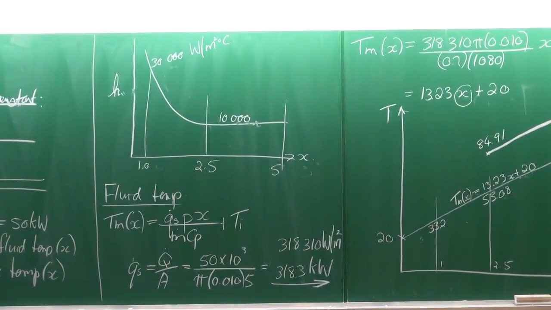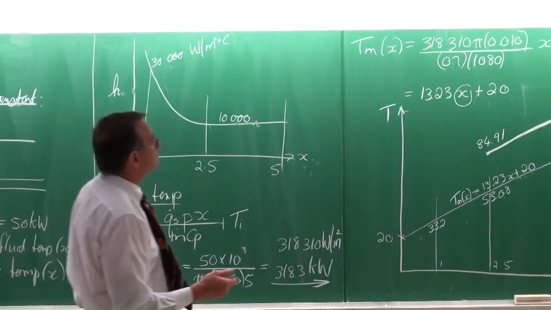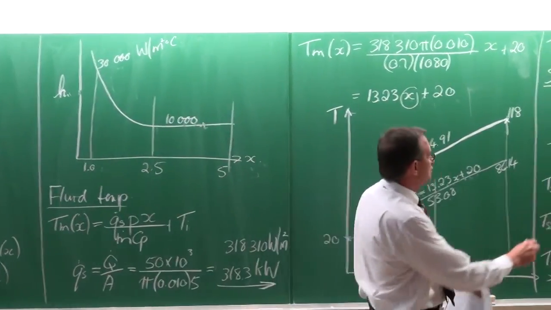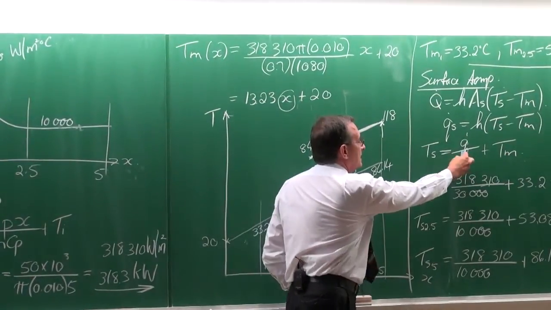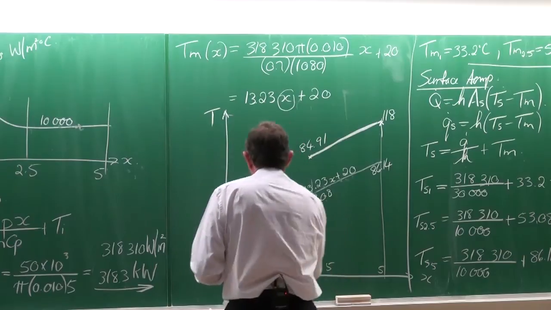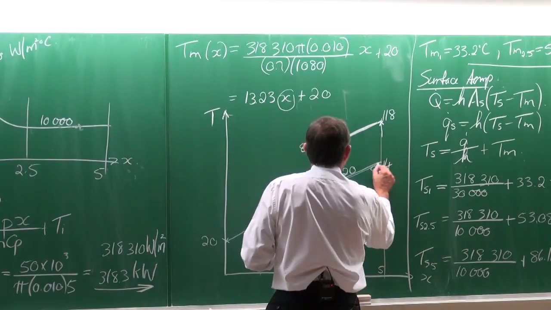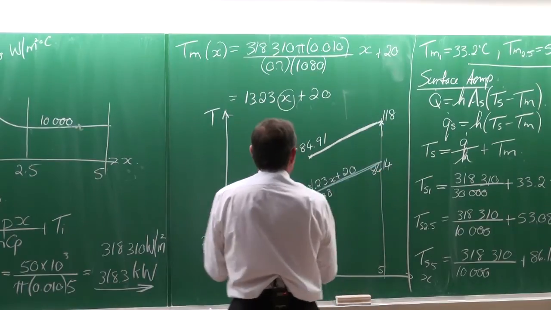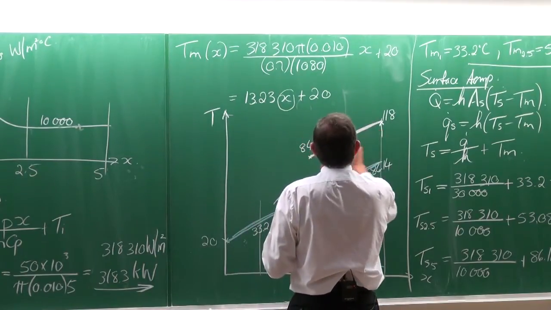Because the heat transfer coefficient is a constant in this equation, it means that the delta T is always a constant. So this blue line is the fluid, and this is the surface temperature.